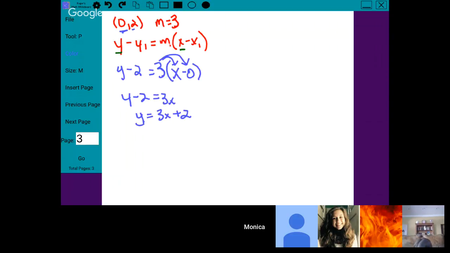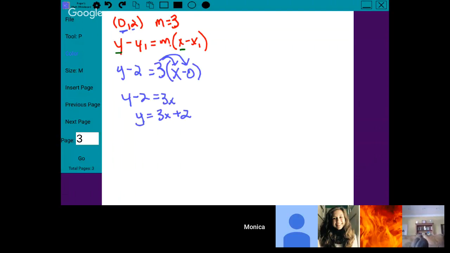The ones that you actually plug from your point are going to be in the y1 and the x1, okay? So y minus y1 is going to be 2 because it comes from up here, equals m, which is 3, and then the parentheses are important, times x, that x stays, minus x1. So that's going to be a minus 0, all right?